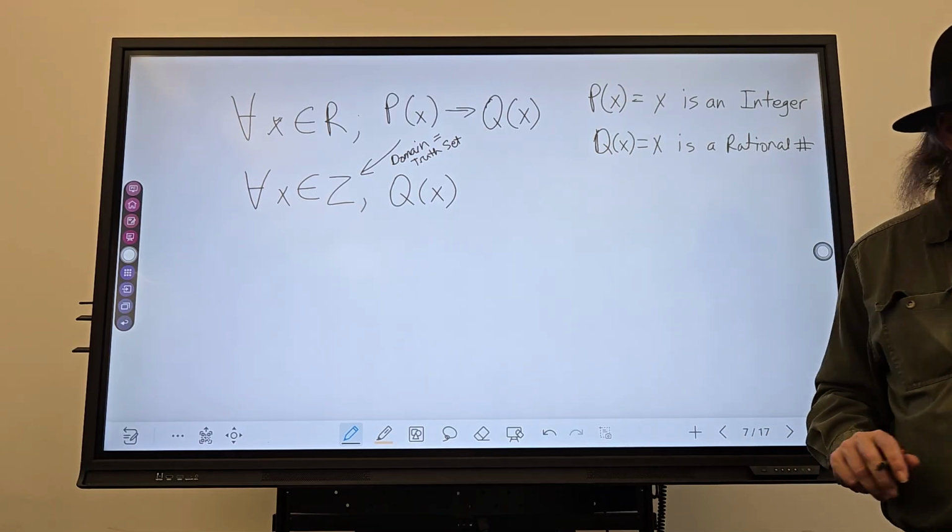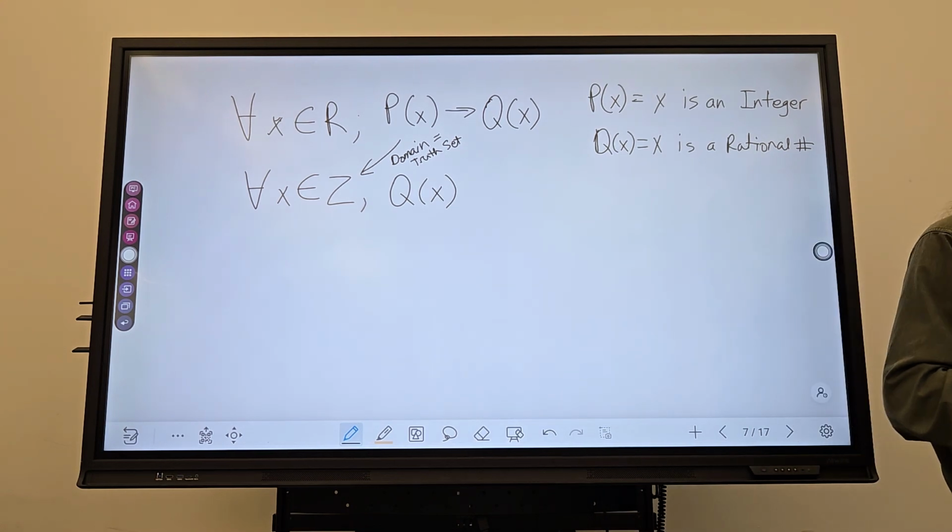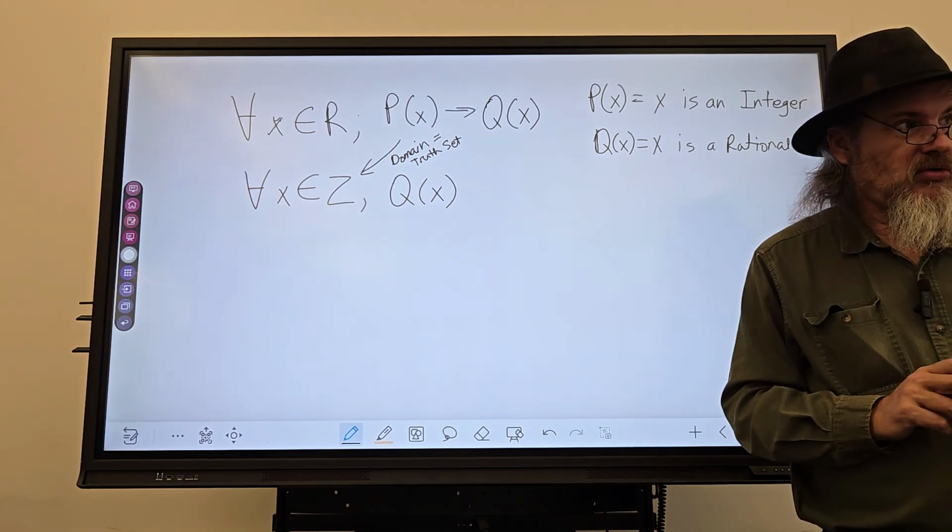Let's look at two forms that are equivalent. For all squares are rectangles.